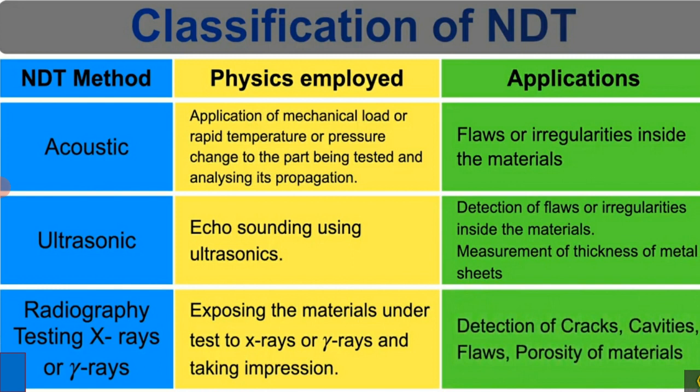Third method, radiography testing, using X-rays or gamma rays. Exposing the material under test to X-rays or gamma rays and taking an impression. Application: detection of cracks, cavities, flaws, porosity of material.